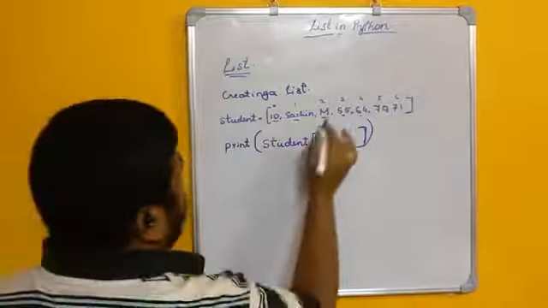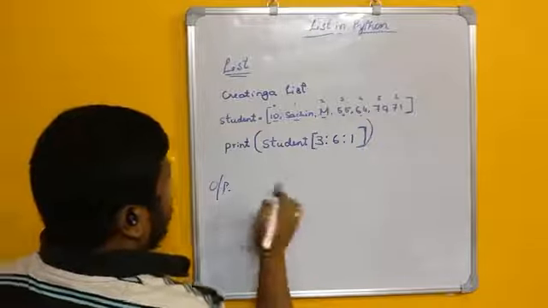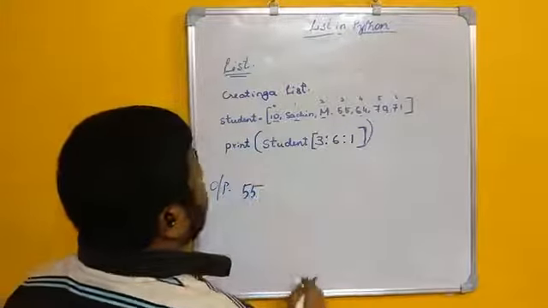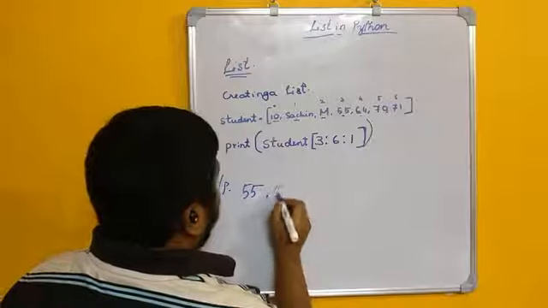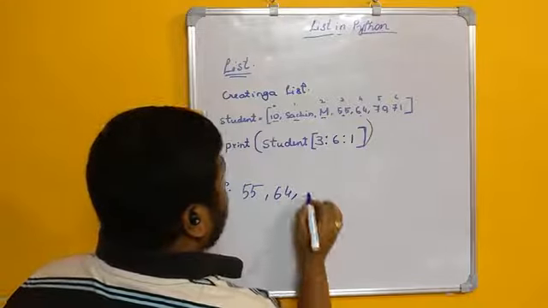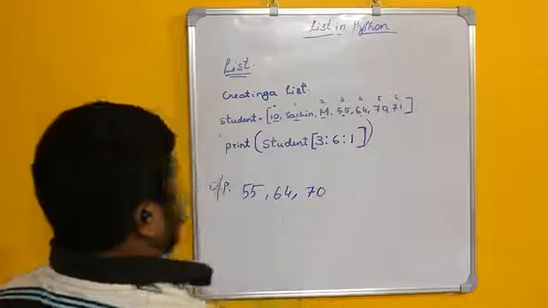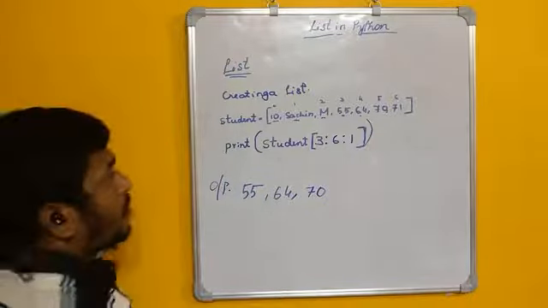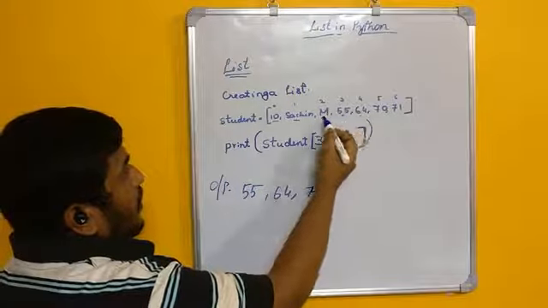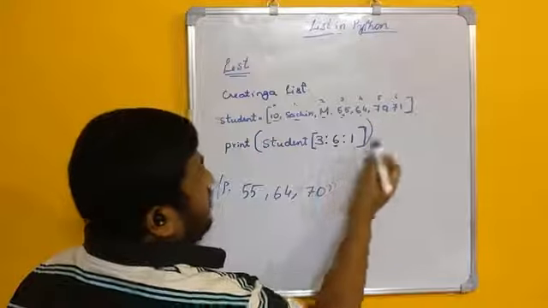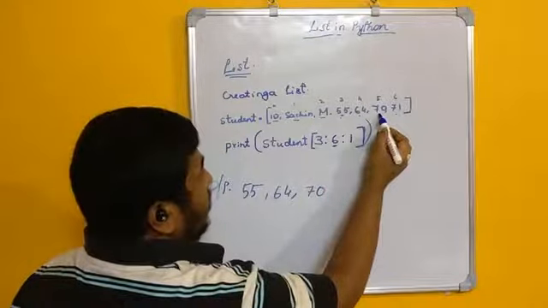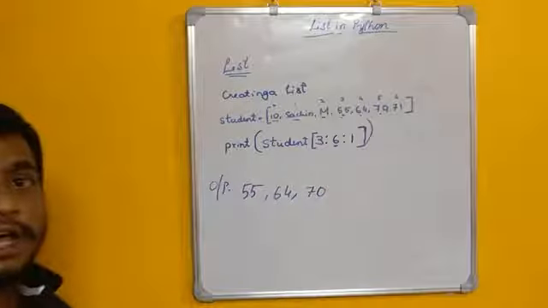Our output will be 55, 64 and 70, because it returns from the third index, that is from 55, till the end point 6, so it returns till 70, one prior to the end point.